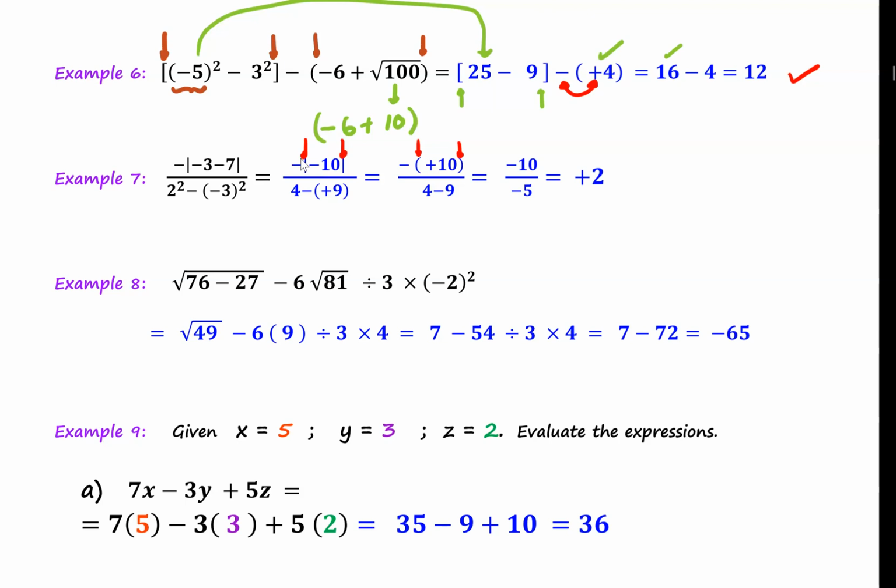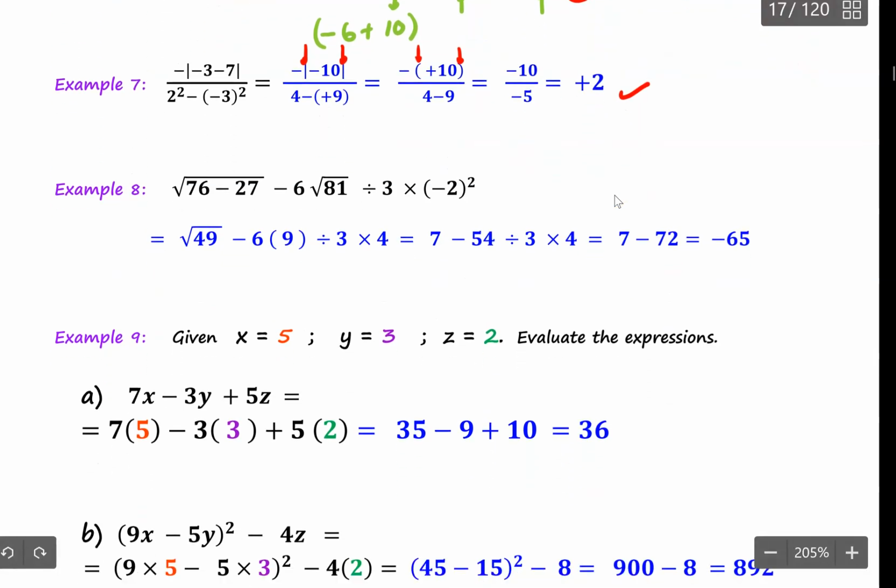Then you see negative and positive will give it a negative value. Negative, positive will give it a negative 9. So negative times positive 10 will give you negative 10. 4 minus 9 will give you negative 5. Negative 5 divided into negative 10 will give you positive 2 as the result.